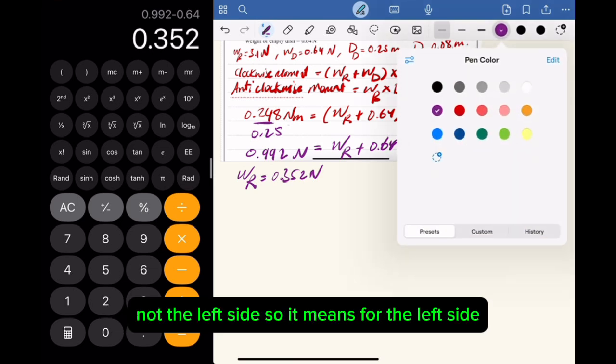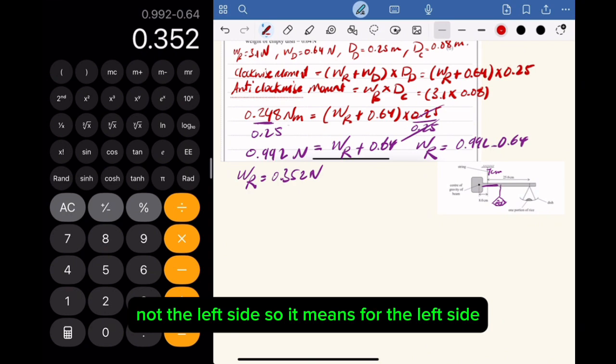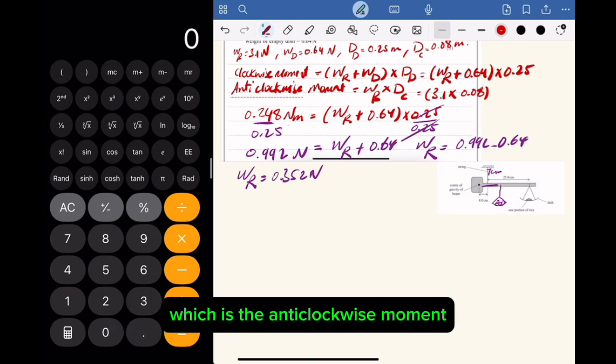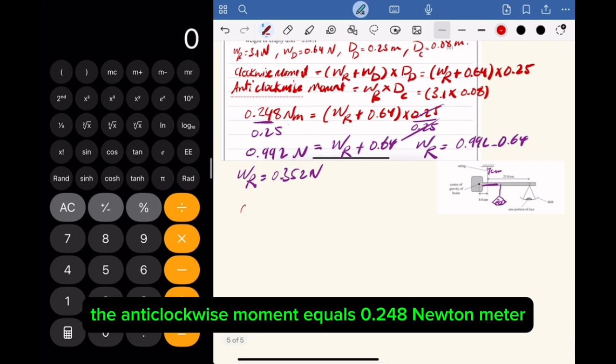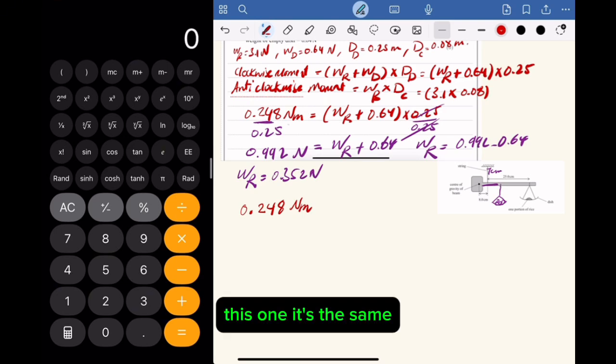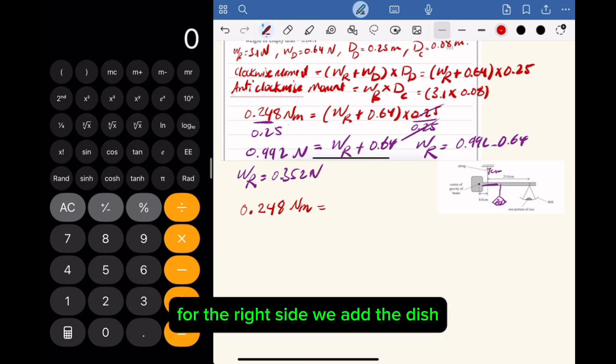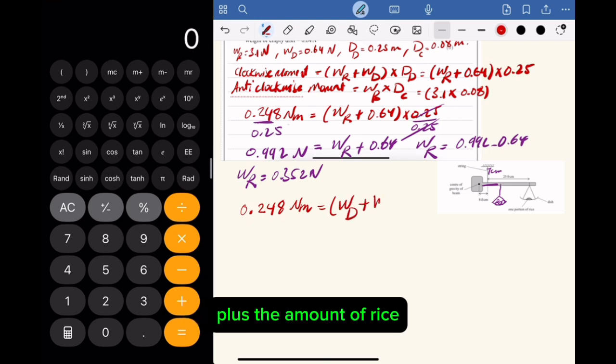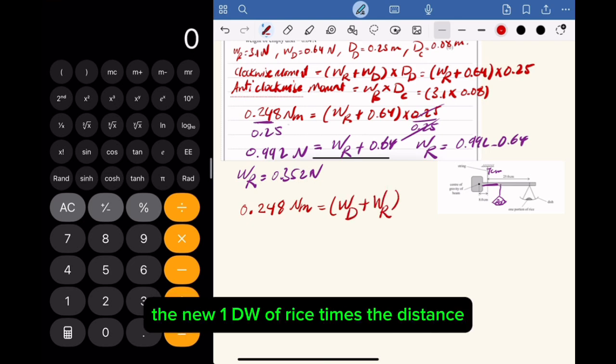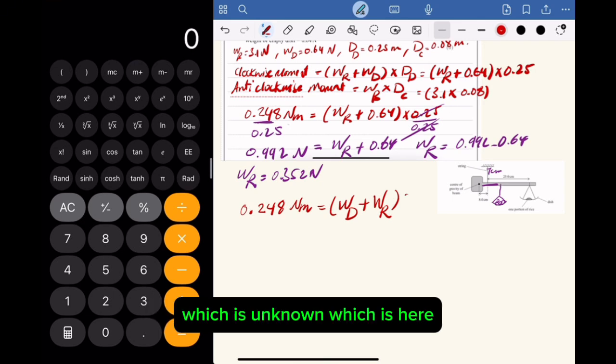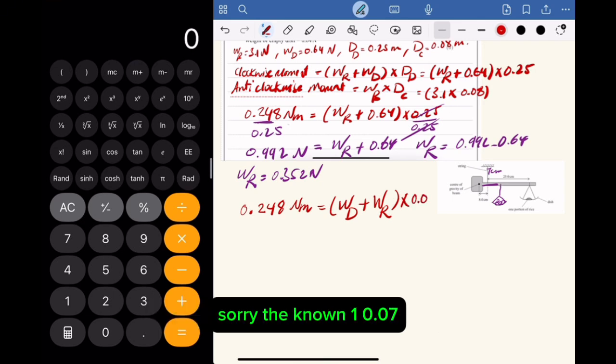So for the left side, which is the anti-clockwise moment, it equals 0.248 Newton meter. This one is the same. For the right side, we add the W of the dish, which is the same, plus the amount of rice, the new W of rice, times the known distance, 0.07. So divide both sides by 0.07.